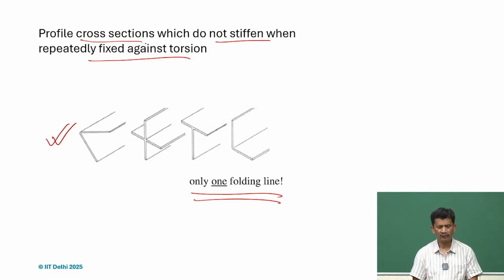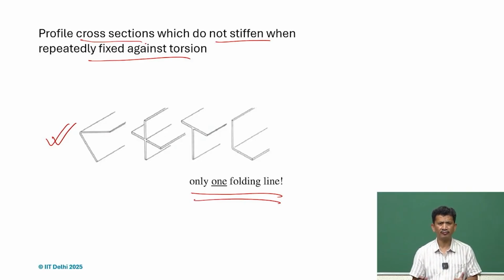And the obvious reason is under the torsional load, there is no warpage. So many times it stays in a plane, and that's the reason it's very difficult to stiffen them just by closing the end. So these are torsionally compliant members, and unlike in the other case, if we have this kind of sections, it's difficult.